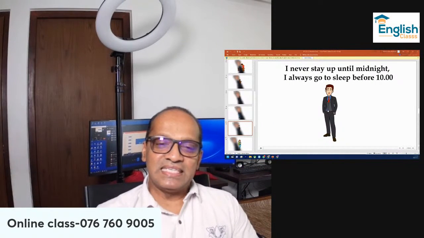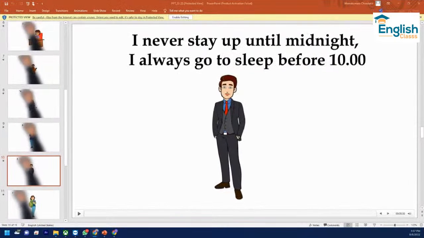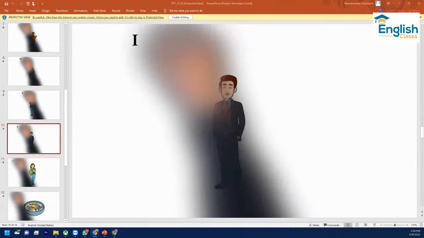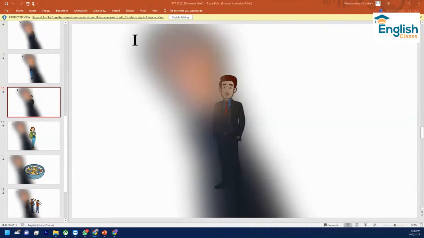The word always has been used just before the verb go to sleep. What is the verb in the second sentence? Go to sleep. I always go to sleep before 10. I never stay up until midnight. Next example.